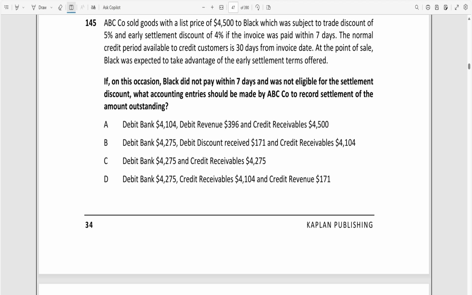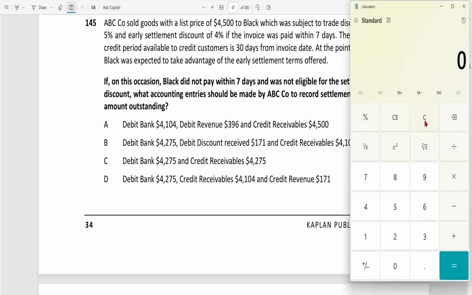So it is somewhat the same as the above two questions, but the little change is that within the 7 days the customer did not pay the amount as was supposed to be paid, right? So let's start doing the calculation. The goods have been sold for 4500 and the trade discount given at the point of sale is 5%, meaning 95% is remaining.